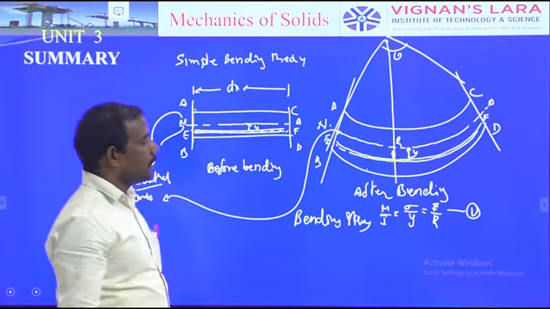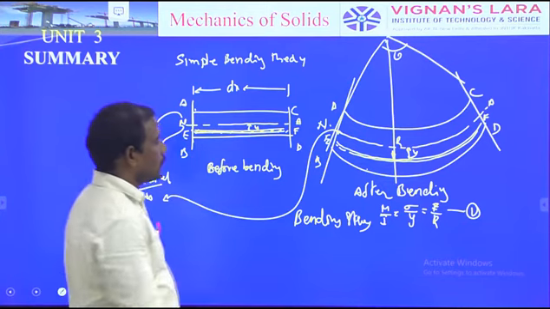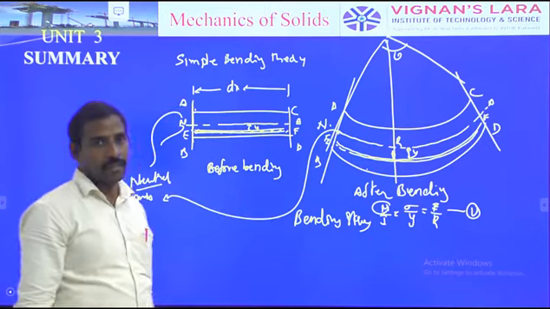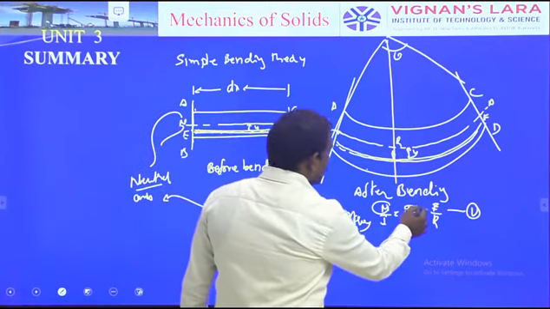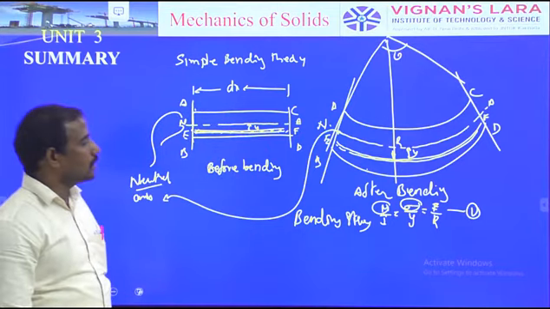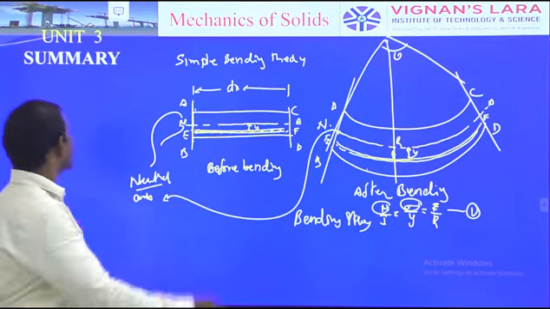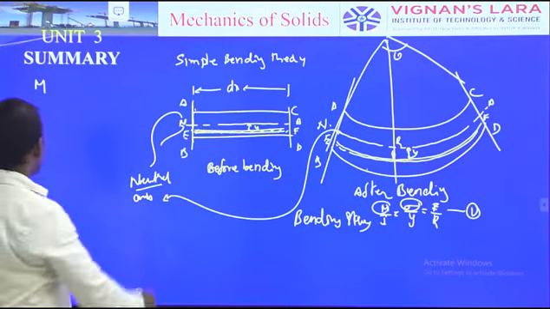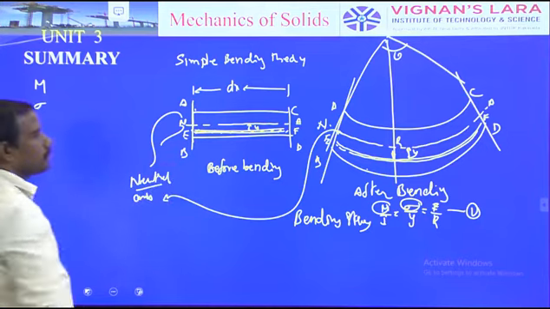So the next one is the calculation of moment, at which point the moment is, and then the calculation of the stress. So what we have to calculate? We have to calculate bending moment M and bending stress.